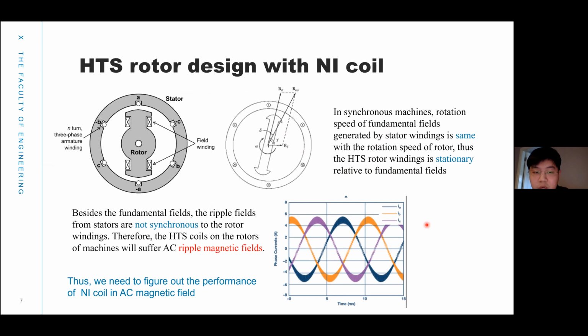When we do a Fourier calculation, we find there are higher-order frequencies in the machine environment, and the rotational speed of this magnetic field is not synchronous with the rotor. So the HTS coil will suffer from the AC magnetic field. Our topic is to figure out the performance of the NI coil in an AC magnetic field.